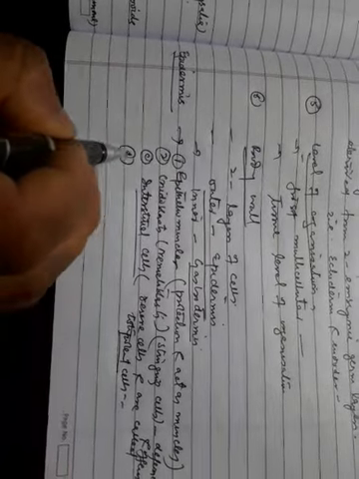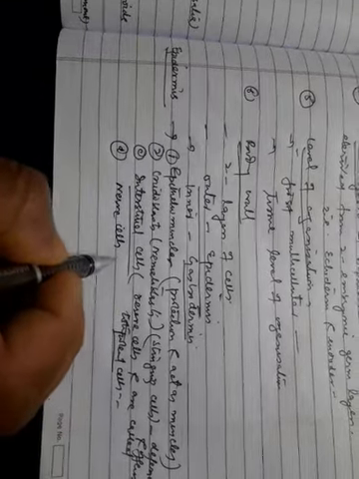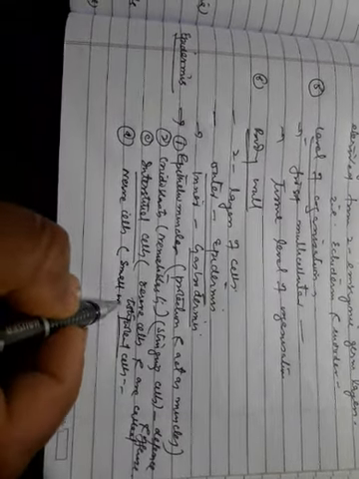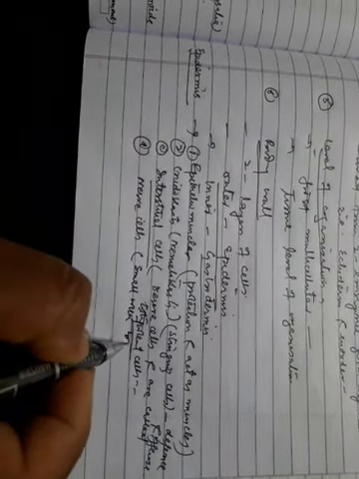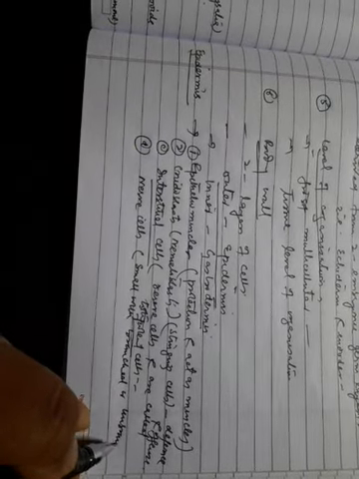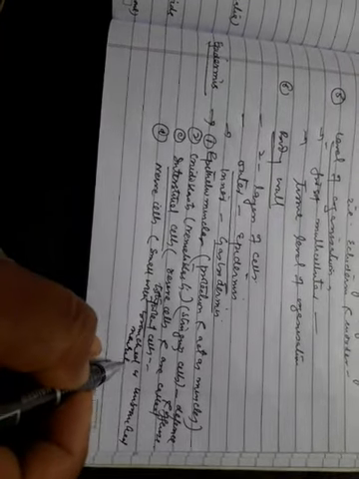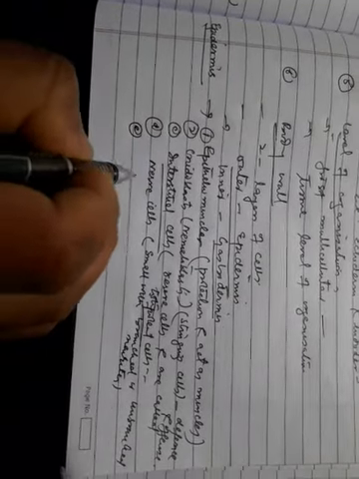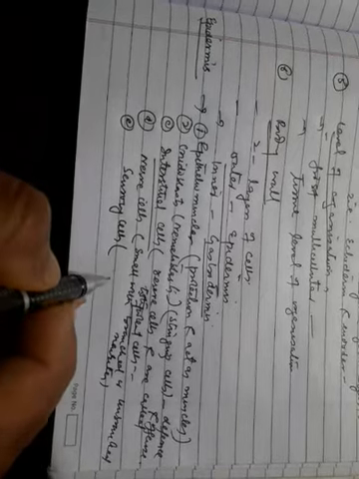Then we have one more type of cell, that is the nerve cells. These are small, with branched or unbranched neurites. Then we have sensory cells.